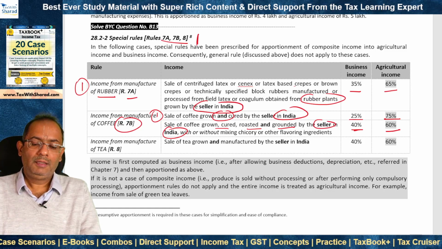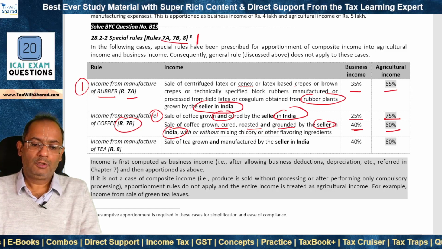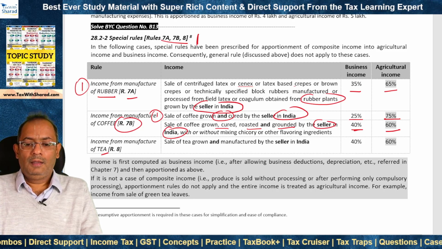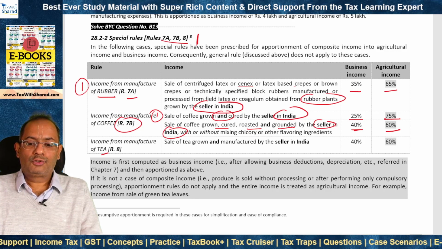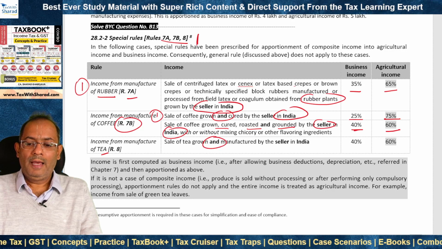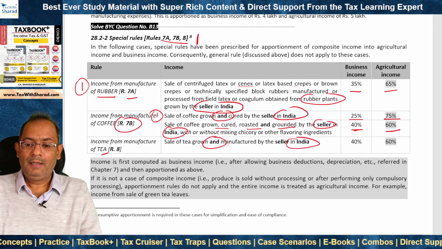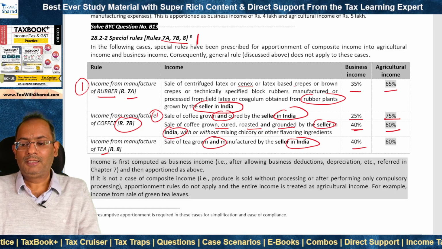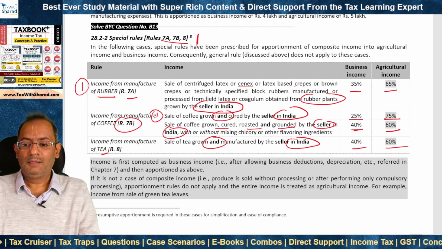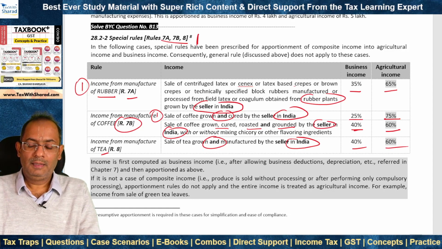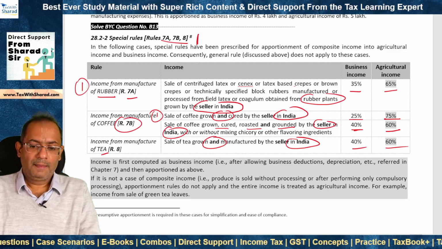Rule 8 deals with a case where income is from manufacture of tea, and where the tea is sold and such tea has been grown and manufactured by the seller in India. In such case, 40% is taxable business income and the balance 60% is exempt agricultural income.